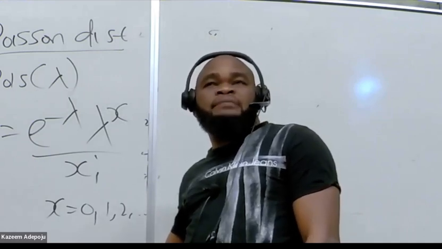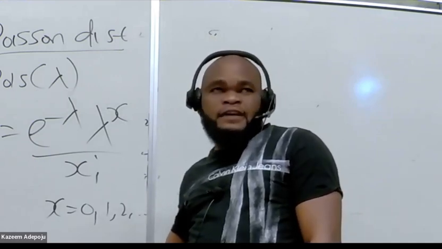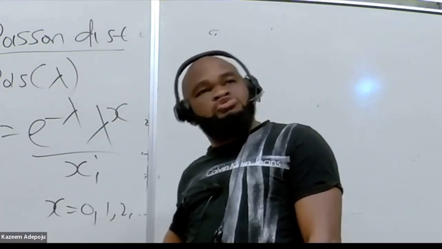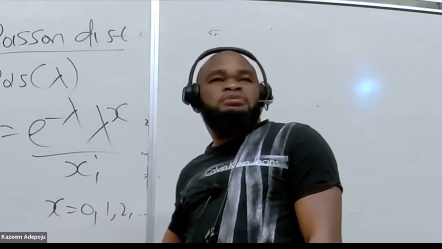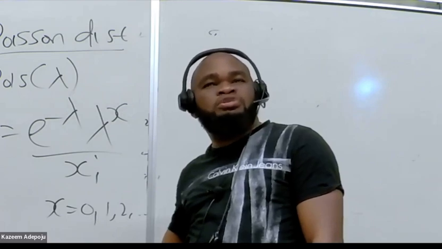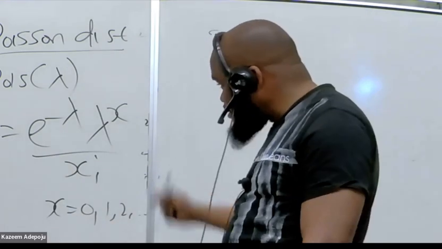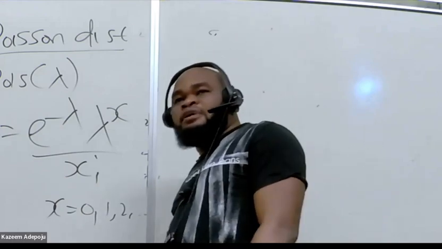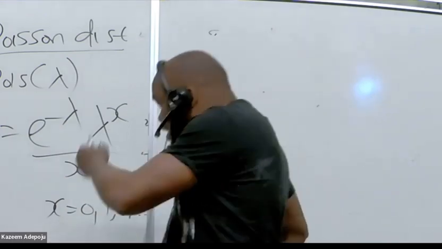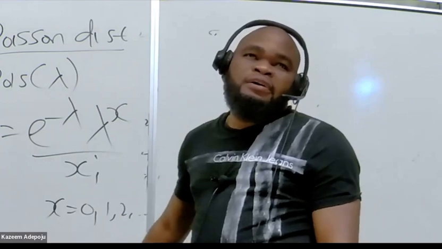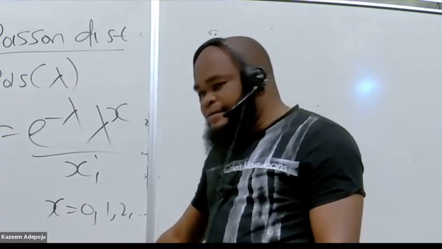When they give you lambda per day, and they ask a question about 2 days, you're going to multiply your lambda by 2. Just take a look at what we have in the lecture notes. We use this when we are modeling a rare event.